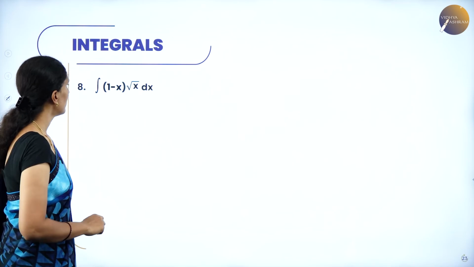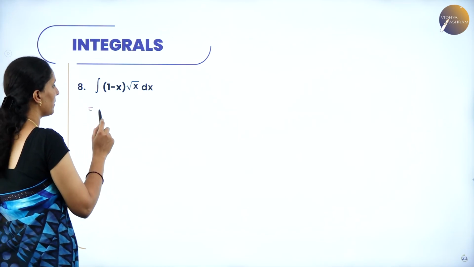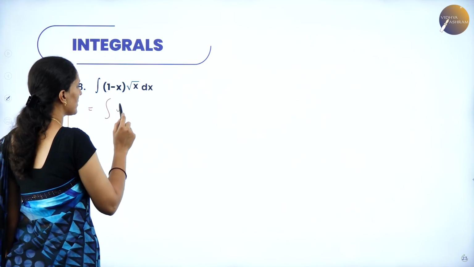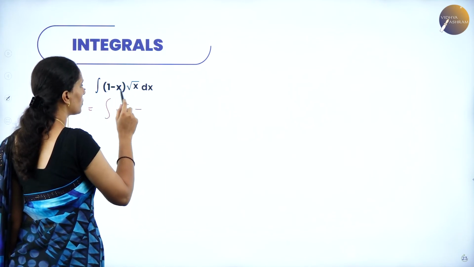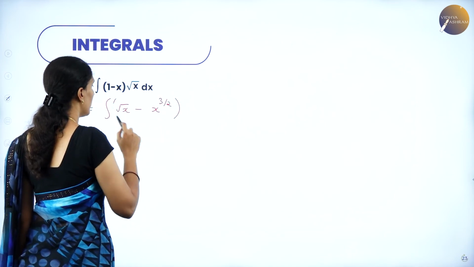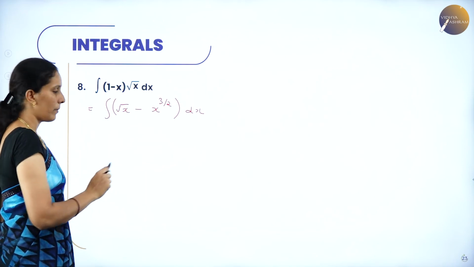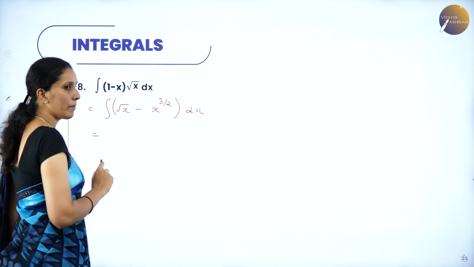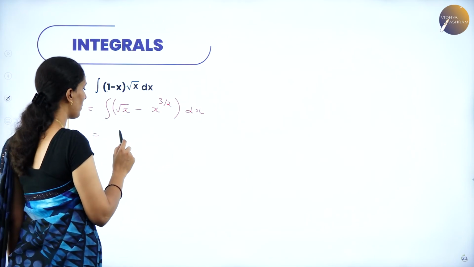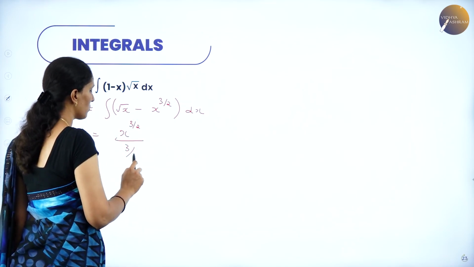Next one, (1 minus x) into root x dx. Let us multiply: root x minus x root x becomes x to the power 3 by 2, into dx. So, root x is nothing but x to the power 1 by 2. So, x to the power 1 by 2 plus 1, divided by 1 by 2 plus 1, which becomes x to the power 3 by 2 by 3 by 2.